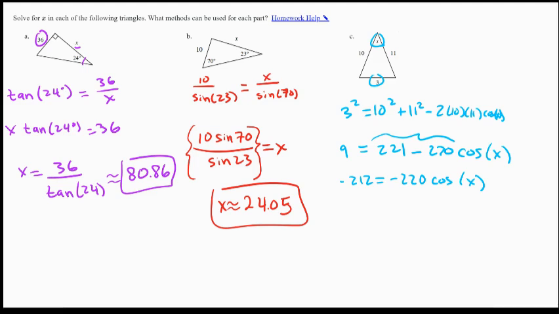When I do that, normally what we should really probably be doing is leaving this as a fraction because we don't want to round our work. We just want to round our answer.